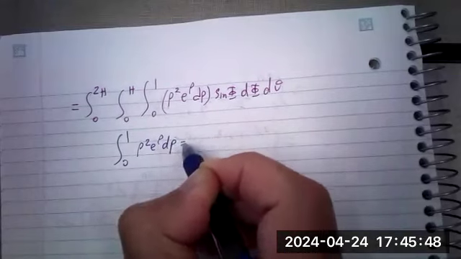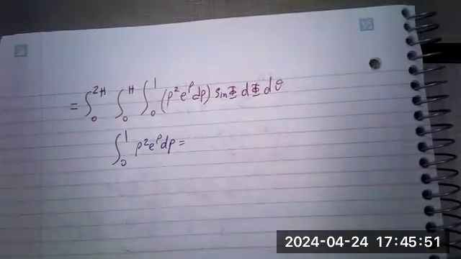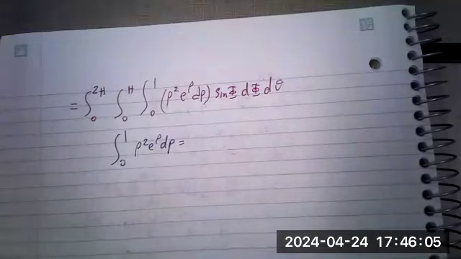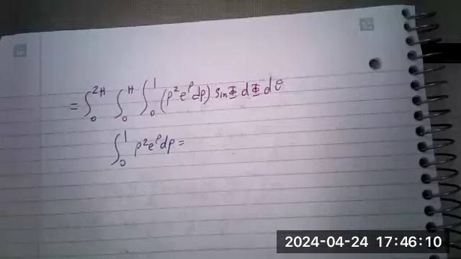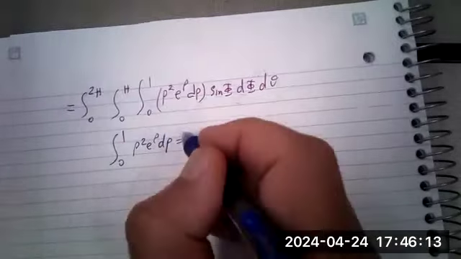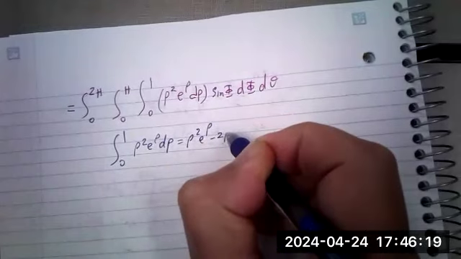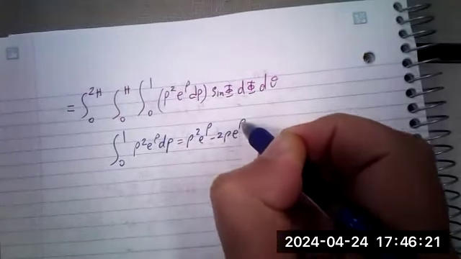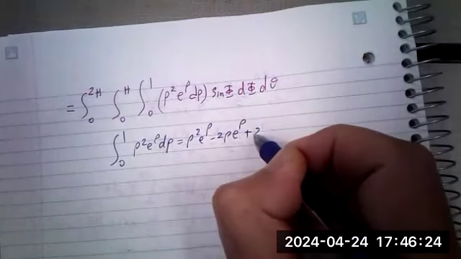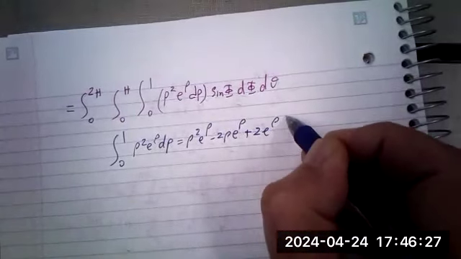Okay, that tabular method. We did this one before, so I just give you the result. Using the tabular method, by integration by parts, this would be rho squared, I'd use the table, remember, minus 2 rho e to the rho, plus 2 e to the rho, from 0 to 1.